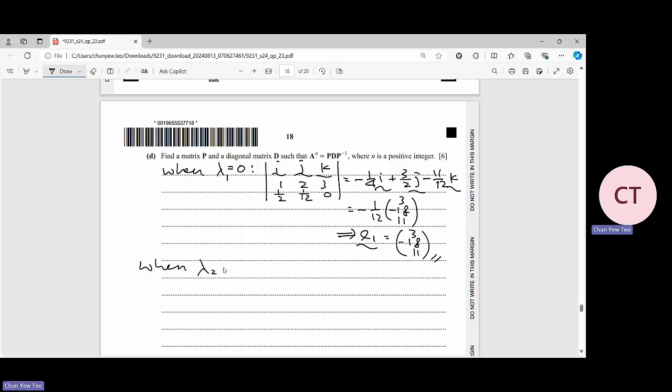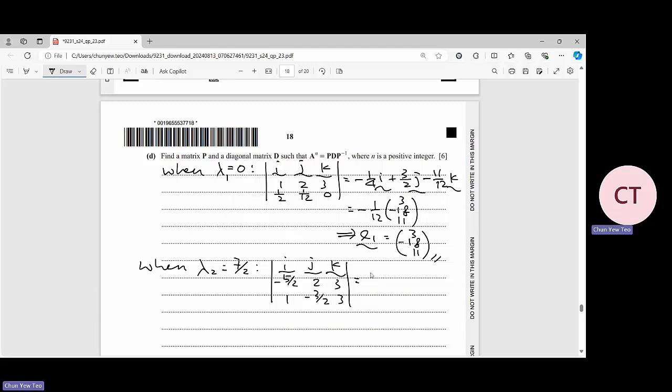So for lambda number 2, I choose 7 over 2. Again, you repeat the same process like lambda number 1 just now. We substitute in and choose the rows that we can cross multiply. So I will choose and get this. This one is 1 minus 3 over 2. I choose the first two rows.